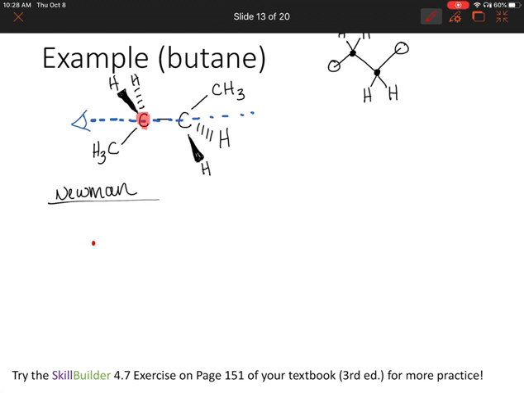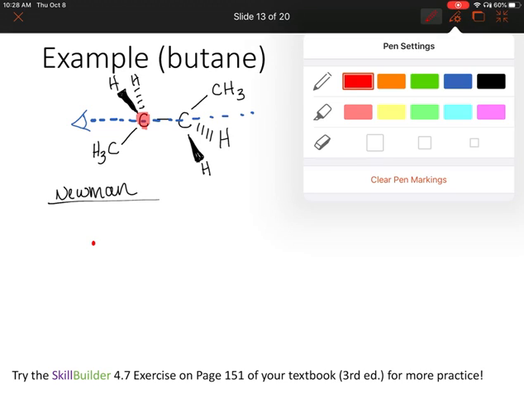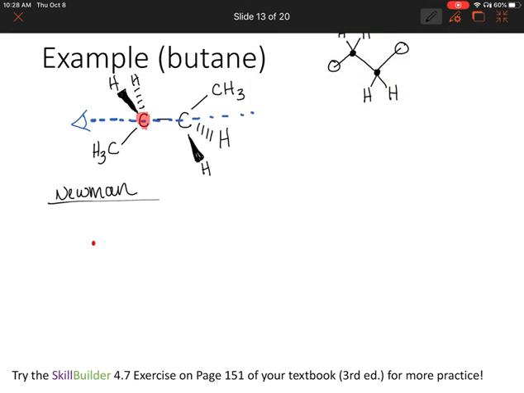This is going to be a little easier because we have methyl groups instead of hydrogens, so it'll be a little bit easier to tell what's going on. So on that front carbon, we have a methyl group down below. We have a hydrogen going back, and then we have a hydrogen coming forward. So the hydrogen on the left is our dashed hydrogen. The hydrogen on the right is our wedge hydrogen.